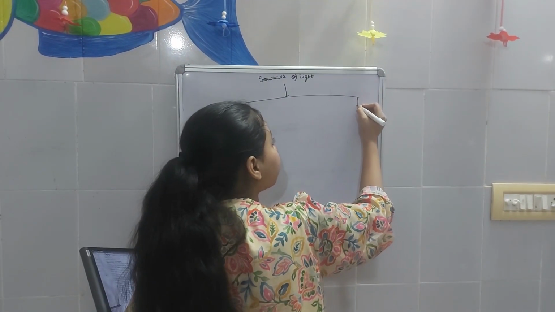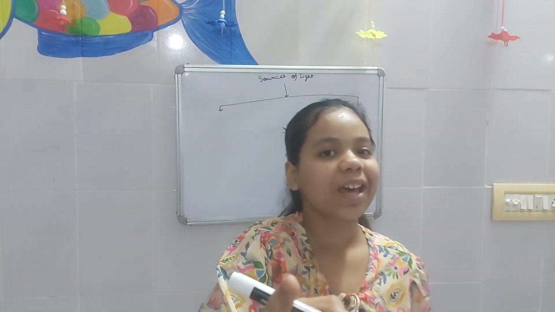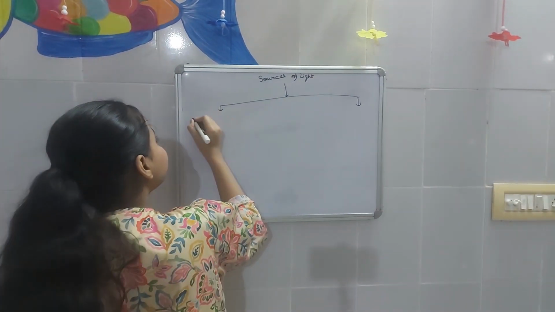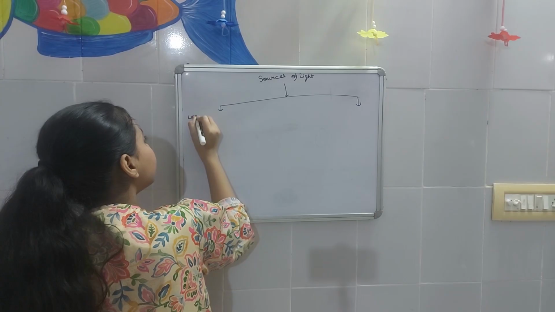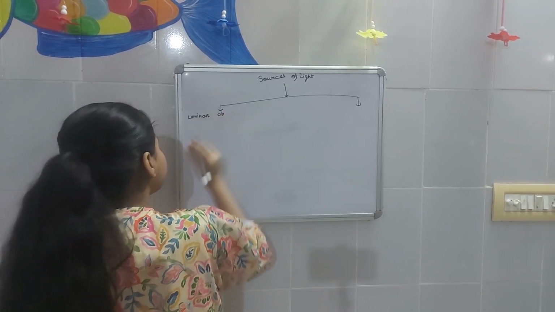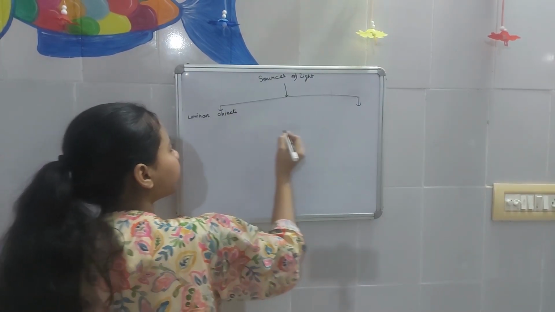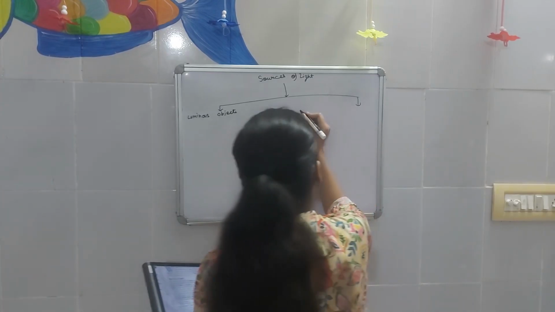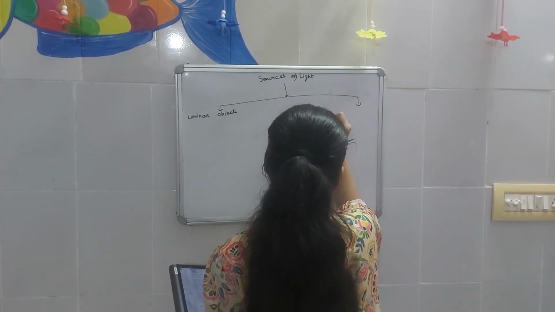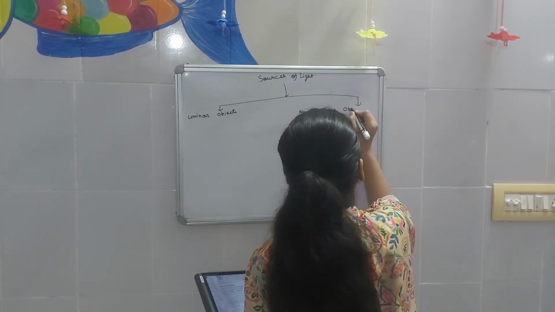So what are these 2 parts? These can be luminous and non-luminous: luminous objects and non-luminous objects.